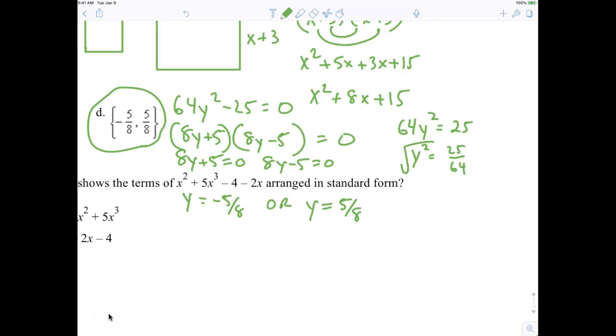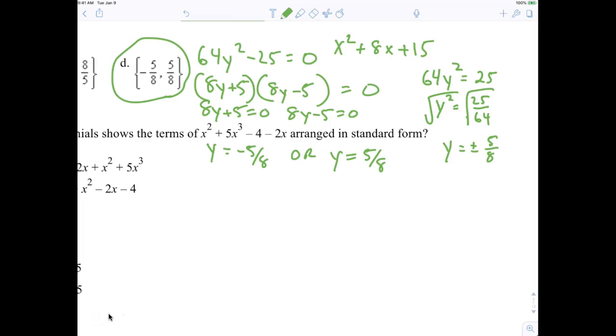Then you take the square roots. When you take the square root, it's what? Plus or minus. All right. What is it, negative 5/8 and 5/8 instead of negative 8? Well, you tell me. We solved it, didn't we? Subtracted 5, divided by 8. Any questions?